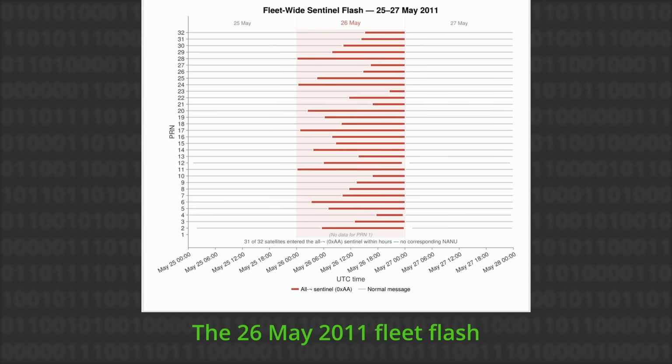Not just the change of the frequency that messages changed, but there was also one particular event in the content, and that was coming back to the Sentinel I mentioned, this 101010. So what happened is that there was one day, the 26th of May, where all the satellites stopped transmitting their random data, and they started transmitting just 10101010 and so on.